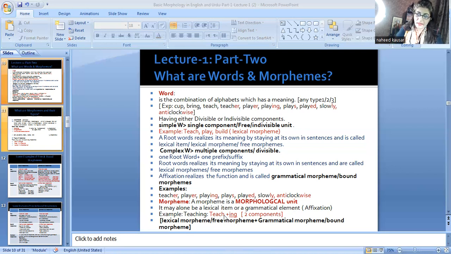So let's consider another example: teaching, where there is the word teach with the suffix ing, which is a tense suffix. And here you can see that there are two components. One is the lexical morpheme or the free morpheme, and the other is the grammatical morpheme or the bound morpheme.